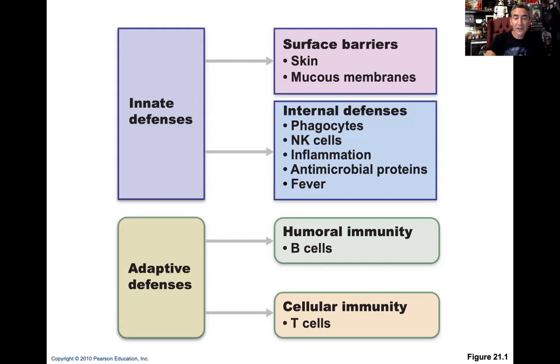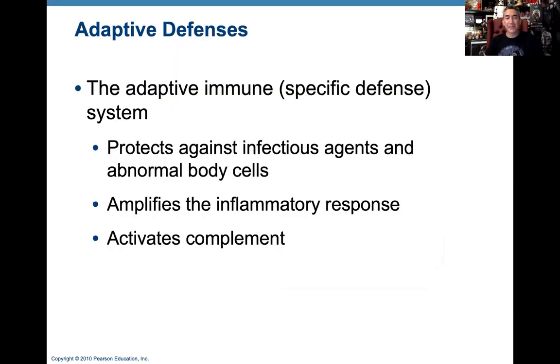So let's jump into our adaptive defense system. The adaptive immune system is the specific defense system. It's adaptive, right? So it's unique to you and only you. Even if you have a twin brother or twin sister, they're going to be very, very similar, but your immune system has adapted to you specifically and no one else.